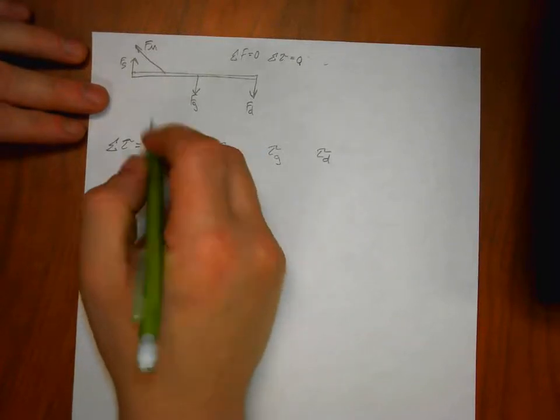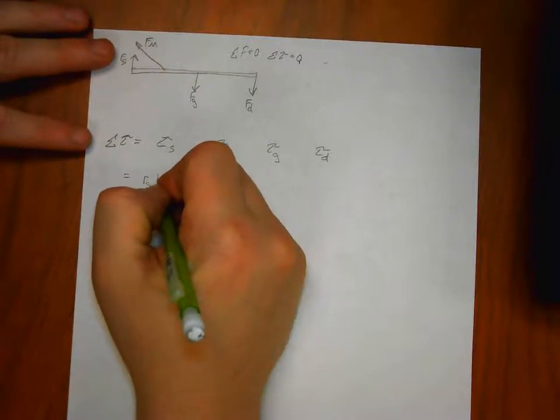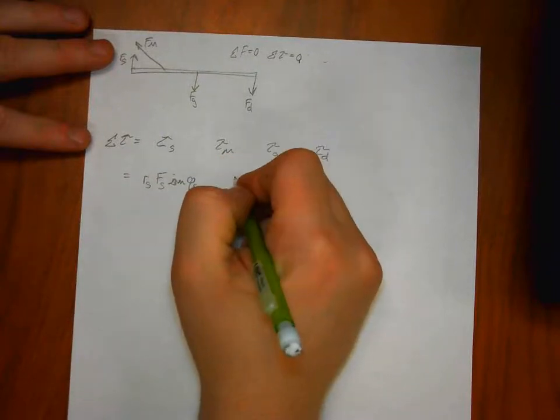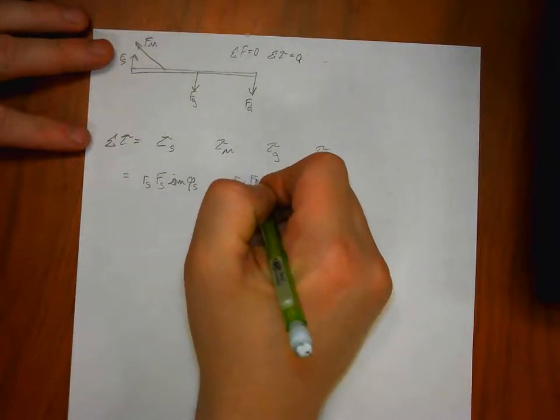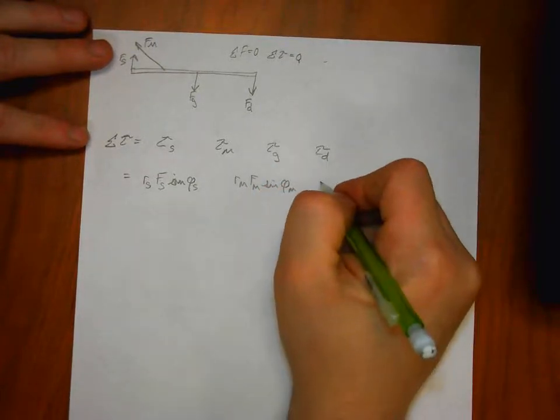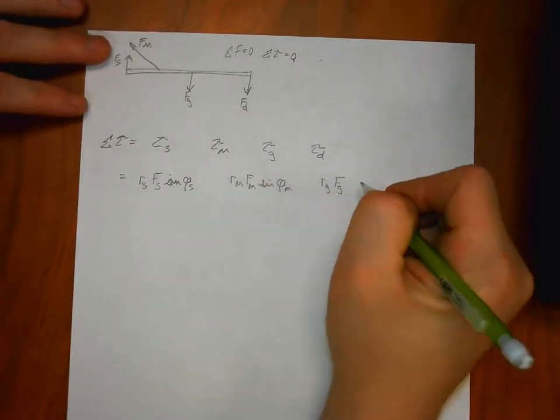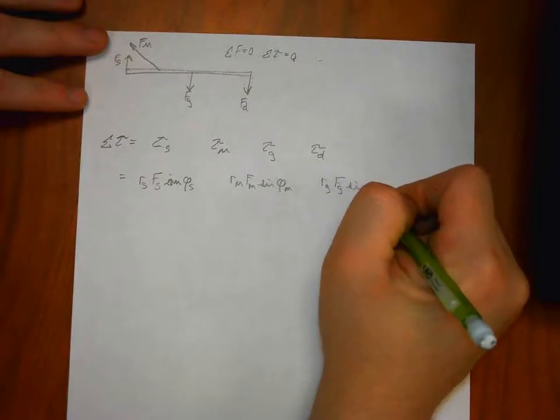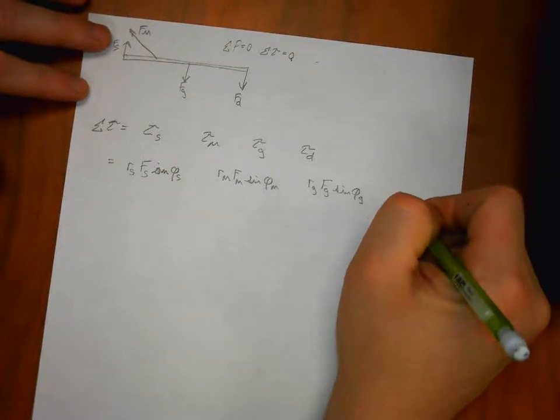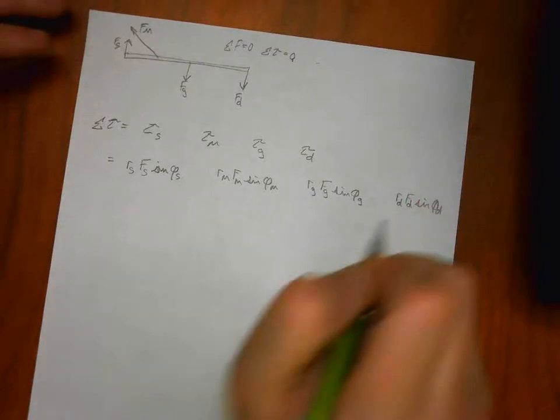And that can be expanded as the radius of the shoulder, the force of the shoulder times sine of phi of the shoulder, the radius of the muscle, the force of the muscle times sine of phi for the muscle, the radius of the weight of the arm, the force from the weight of the arm times sine of phi from the arm, g for gravity, and the radius of the dumbbell, the force of the dumbbell, and sine of phi of the dumbbell.